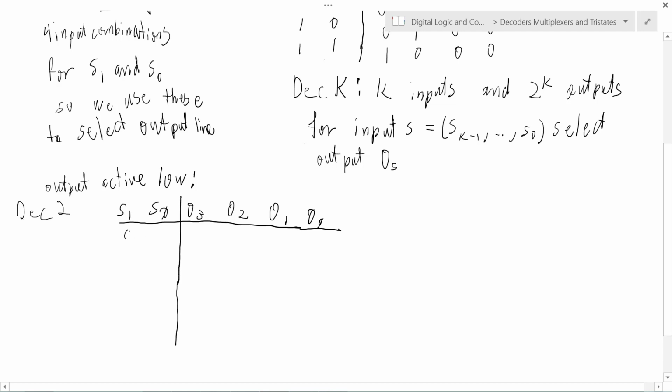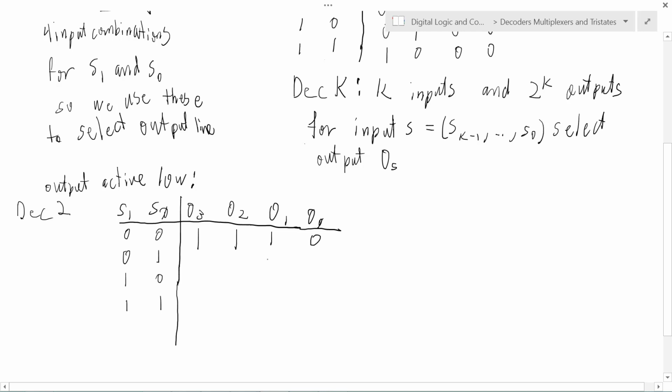Possible input combinations are 00, 01, 10, 11. What makes this different from the active high output is that the active low inputs set the outputs to 0 instead of 1. So we have output 0 for input 0, 0, and all other outputs O1, O2, and O3 are 1.